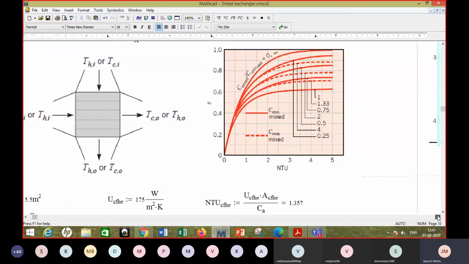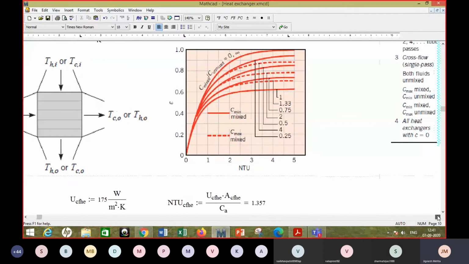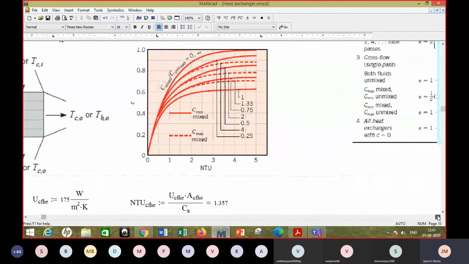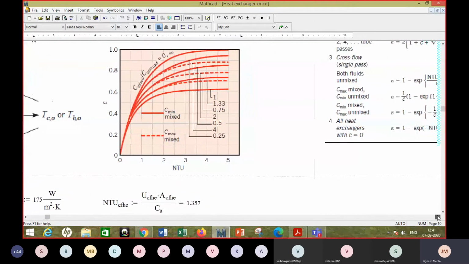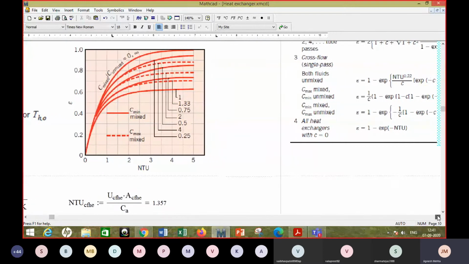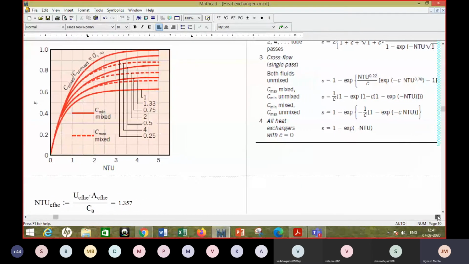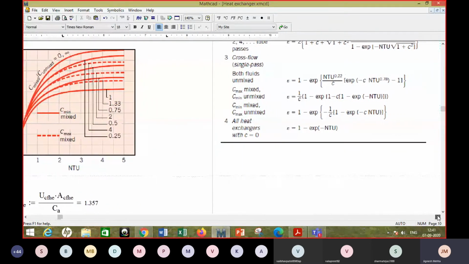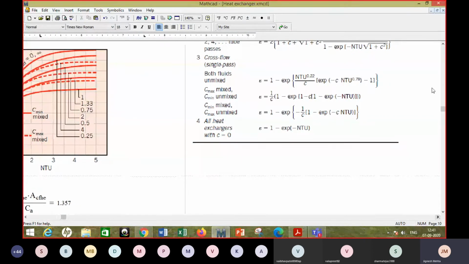Once you get CR, you know that effectiveness is a function of NTU and CR, and that's given in this table. You have to use the right formula, because there are multiple choices available.